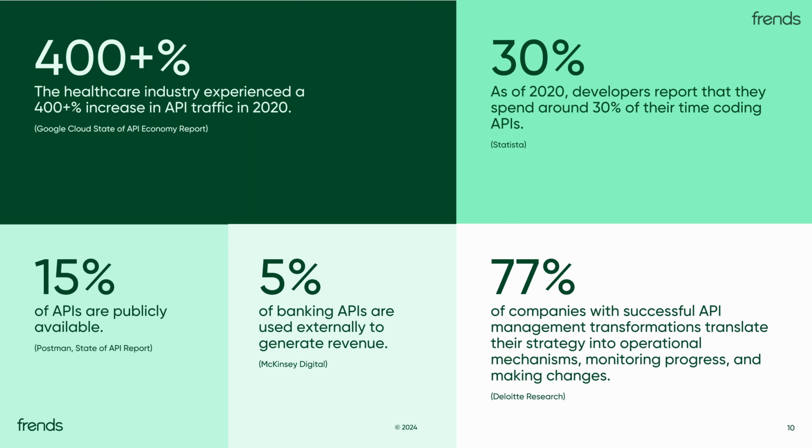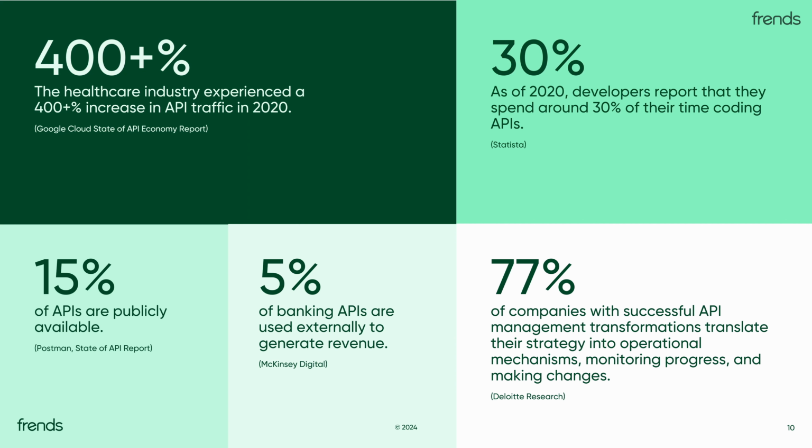And lastly, 77% of companies with successful API management transformations translate their strategy into operational mechanisms, monitoring progress and making changes, by Deloitte Research. All of these numbers paint a picture that there is massive potential, there is growth, but still we are not fully leveraging the APIs nowadays.